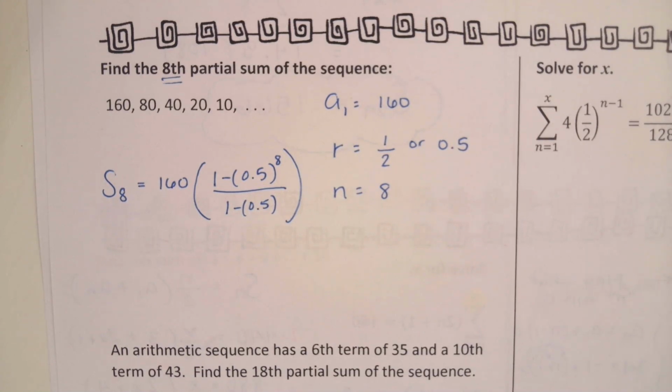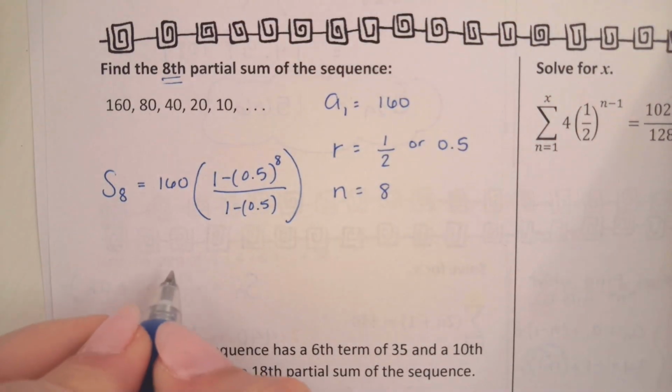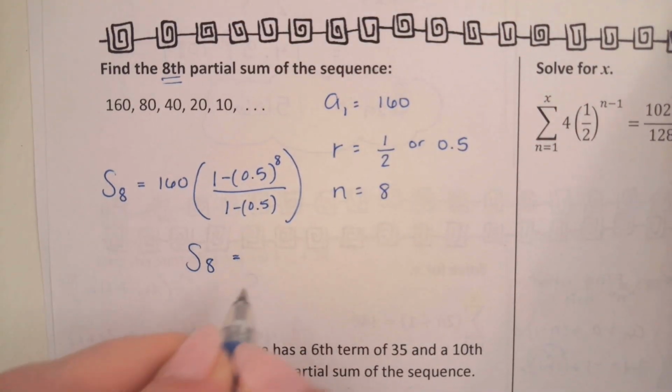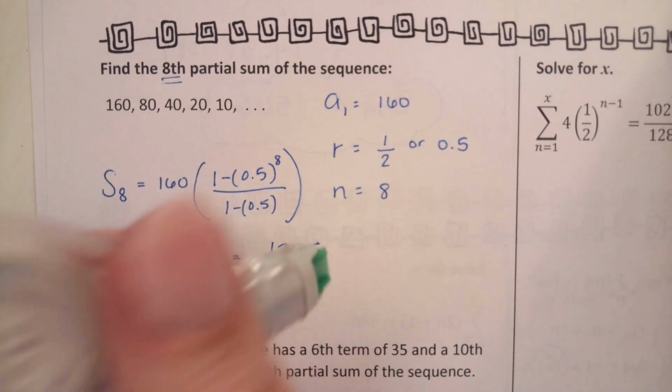Alright, what'd y'all get? You did not get 1.25. What'd y'all get? Yes, 318.75, or as a fraction, 1275 over 4. Choose your favorite.